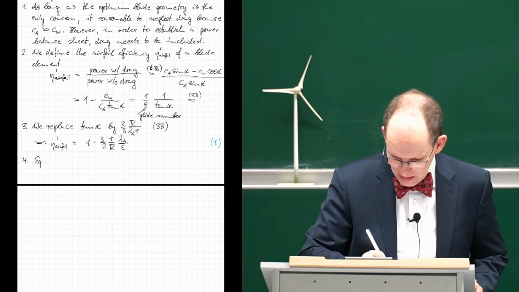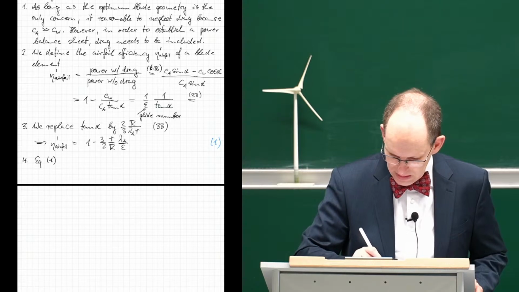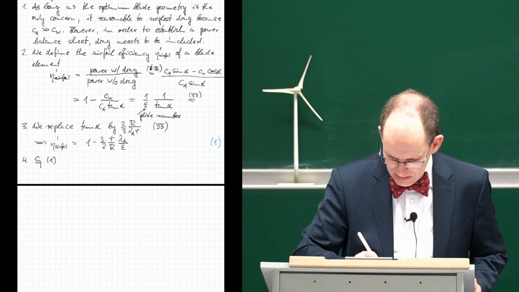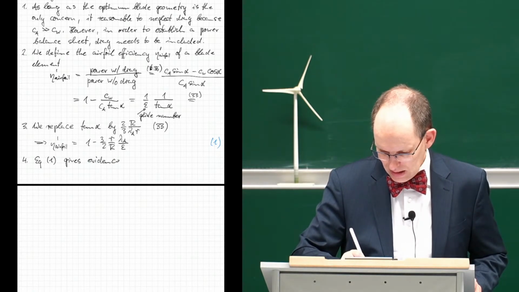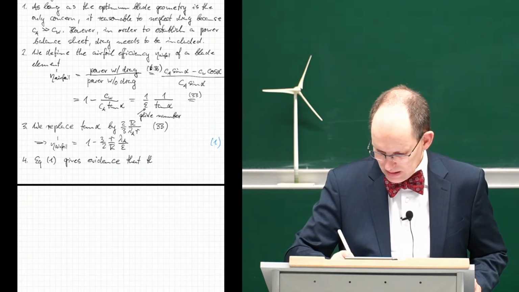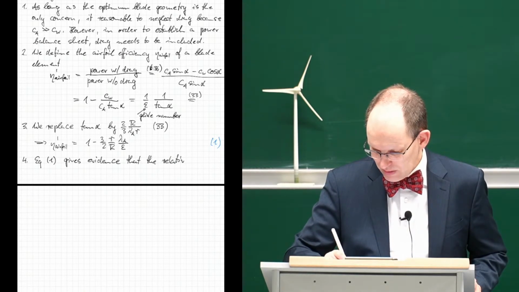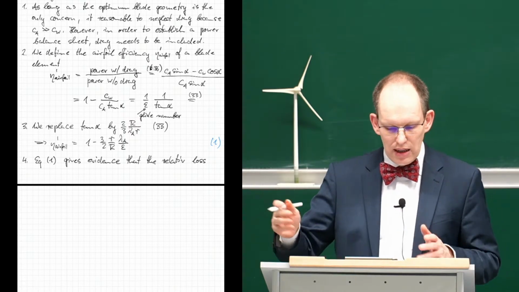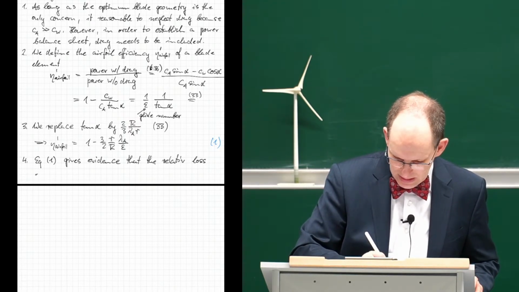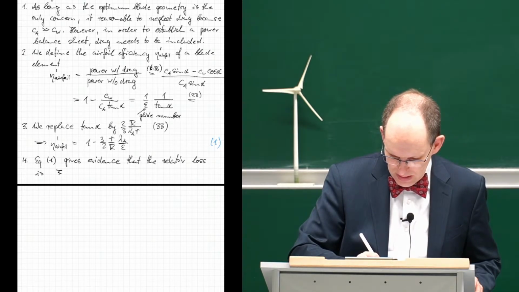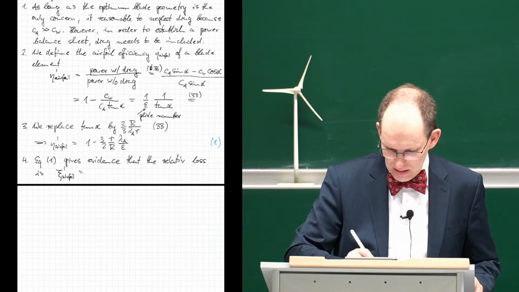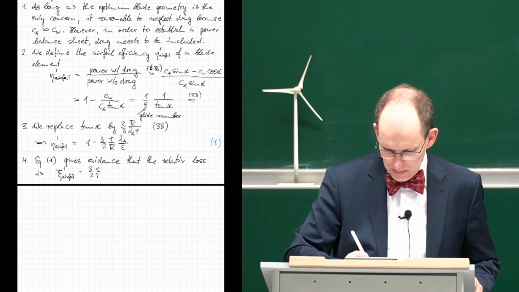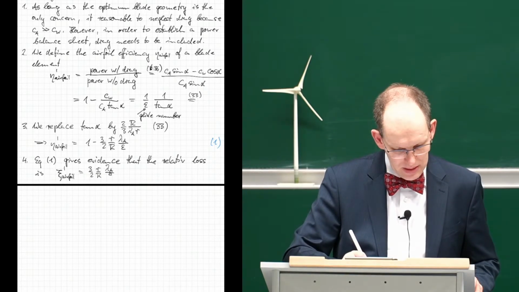So equation 1 gives evidence that the relative loss due to drag, xi airfoil, is equal to 3/2 R divided by capital R, lambda A divided by epsilon.